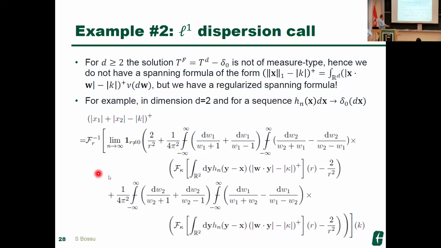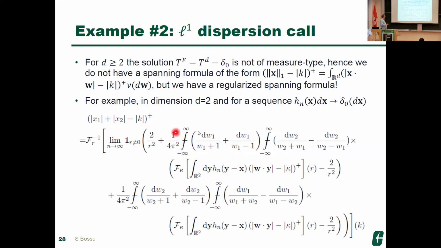We get modified basket calls. Hn here is a delta sequence, so you can think about it as a delta. Then we have some Fourier transform, and then we have some Cauchy integrals, which are actually iterated Cauchy integrals. And so, after all calculations, essentially, this is shown to correspond to that payoff.